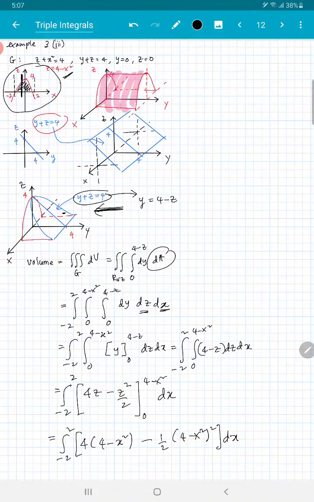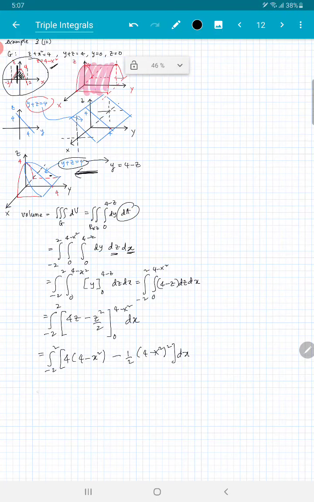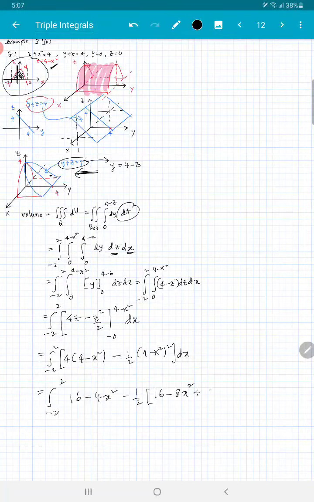Simplifying, we get 16 minus 4x squared, and here we have a half. Expand 4 minus x squared, you get 16 minus 8x squared plus x to the power 4.